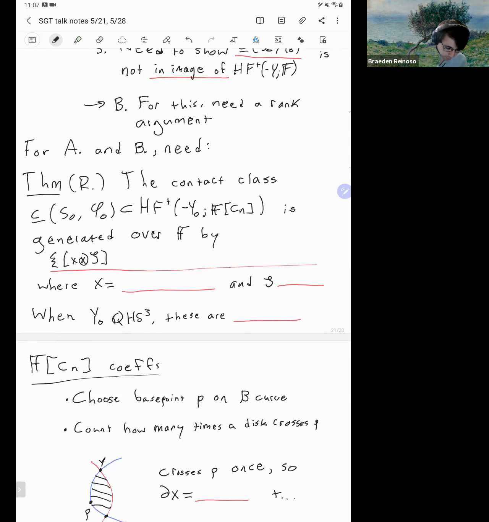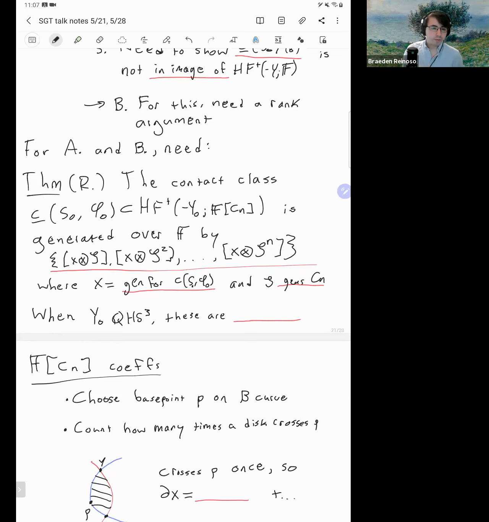So just a zeta there, etc. So it's generated by these x tensor zeta powers in your twisted coefficient system, where x is just the generator for your contact class before, just your regular contact class, and zeta is the generator for Cn.